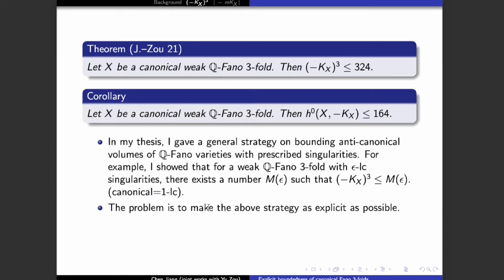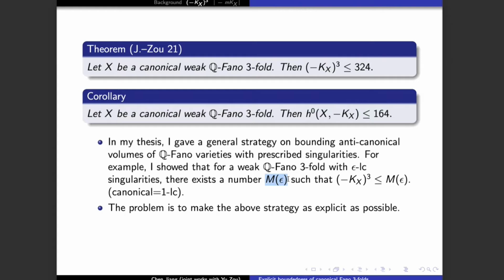The problem is that we are trying to make my strategy as explicit as possible, because in my thesis I can only show the existence, but it's not a computable number.